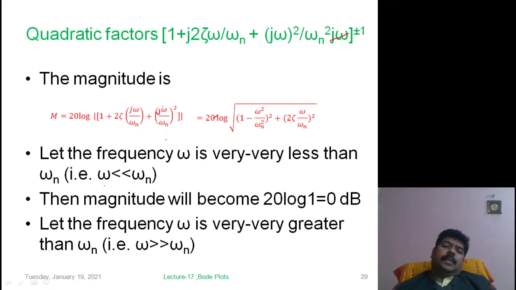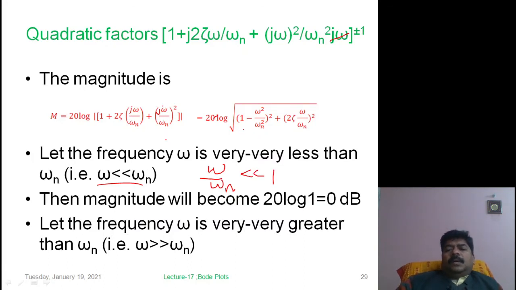Again there are two parts to this curve, low frequency and high frequency. If omega is very much less than omega n, then omega by omega n will be very much less than 1. So compared to 1, this factor and this factor can be neglected.